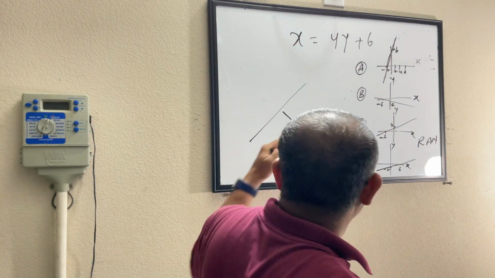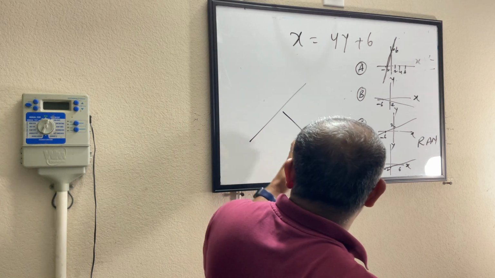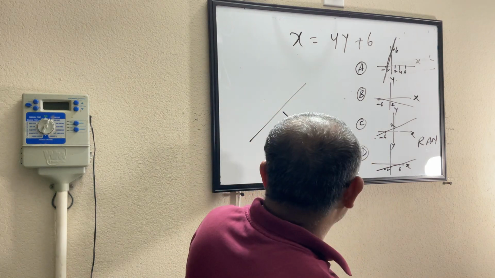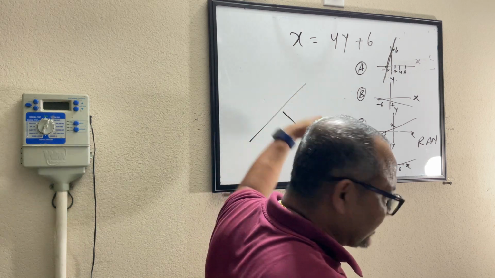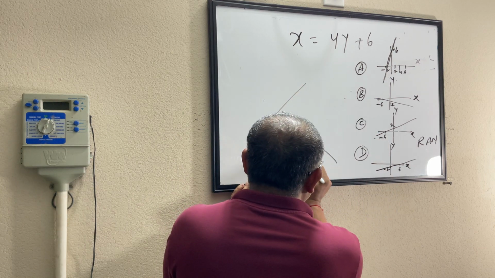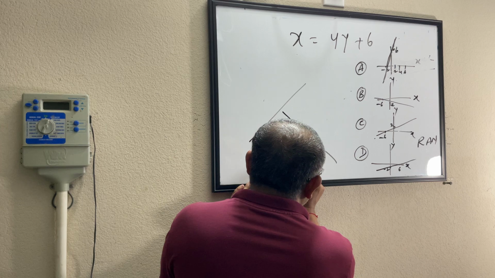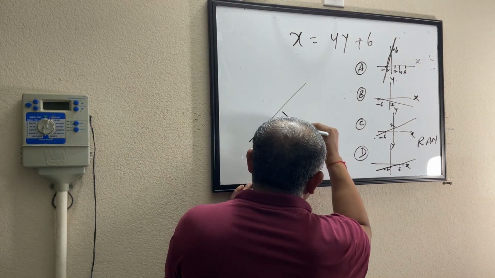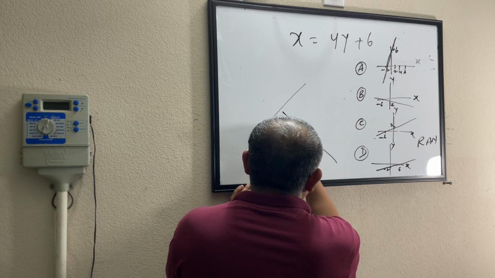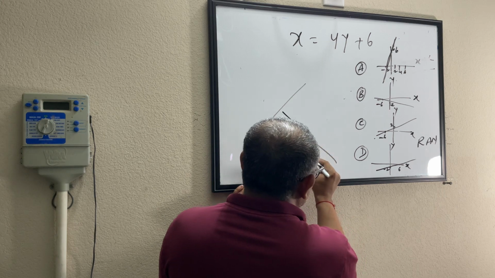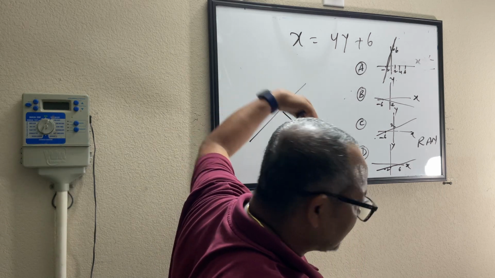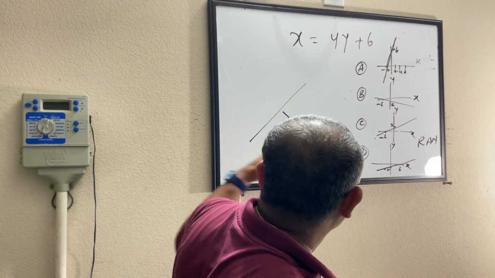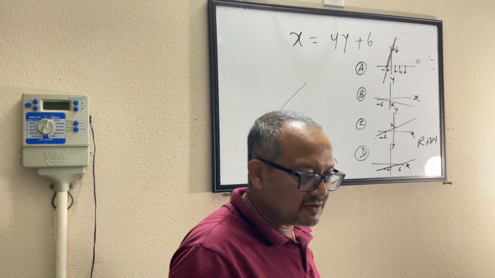Positive slope means for every increase of x, y is increasing. Negative slope means for every increase of x, y is decreasing. So if you increase your x by, let's say, 1 unit, in this case your value of y is decreasing. Whatever is the value of y here, this value is less. So any downward line represents a negative slope, any upward line represents a positive slope.